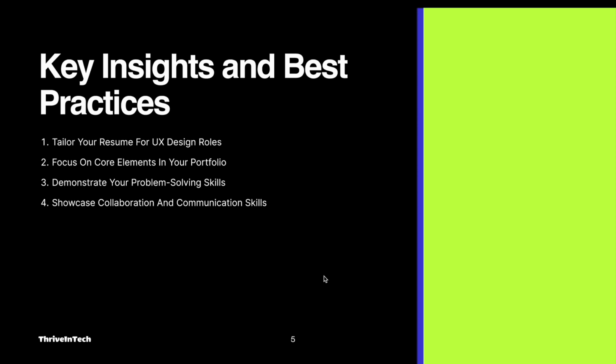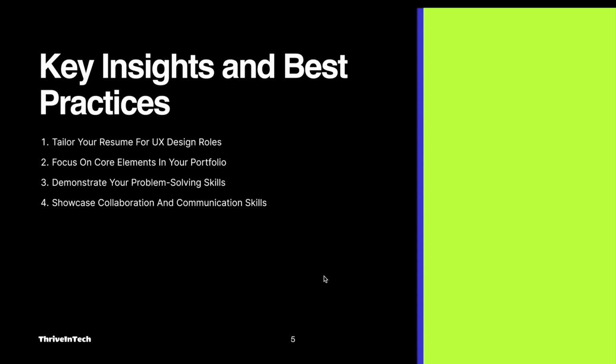So like I said, using the right keywords, and avoiding some of the 10 things that I mentioned would make sure that the applicant tracking system approves or lets our resume go to the recruiter's table. And also highlighting your proficiency in UX design methodologies is very, very key. So that's the first one.